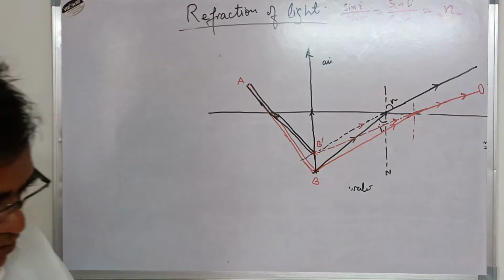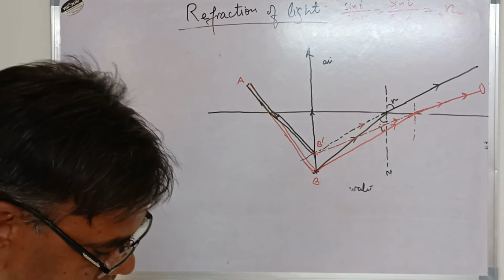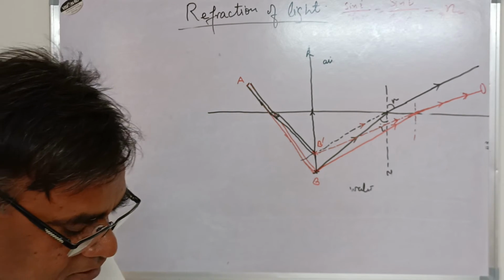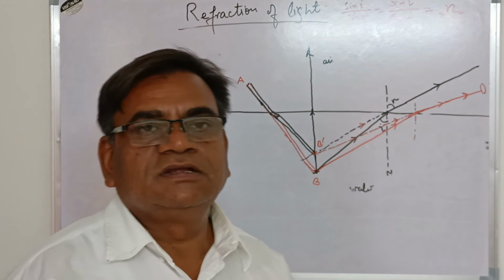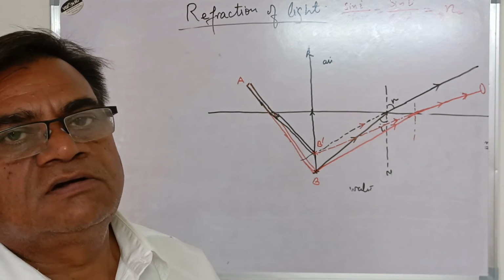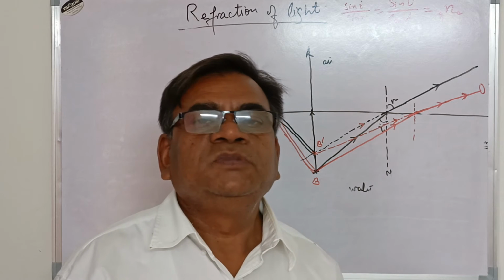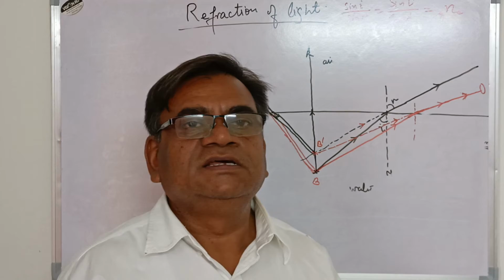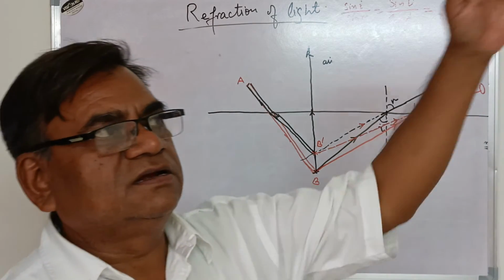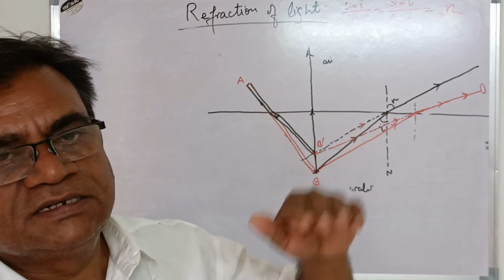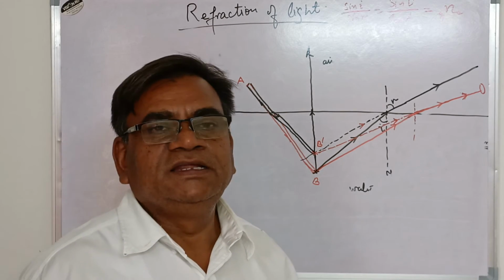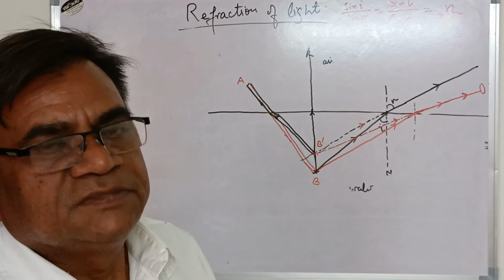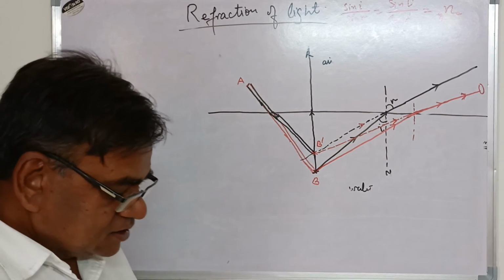Other things are also given. Stars appear to twinkle on a clear night, because the light coming from the stars crosses so many mediums. Sometimes it is optically rarer, sometimes optically denser as compared to one another. There are so many layers of air when it enters the Earth's atmosphere.